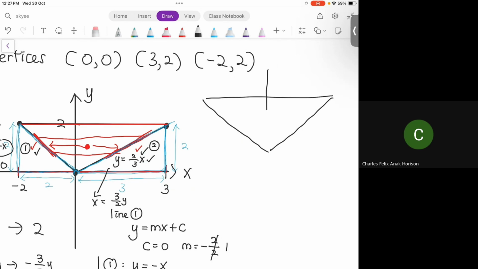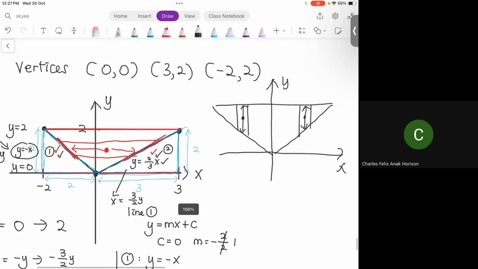This is your axis y, axis x is here. You have to split the region into two, because you will see different lines at different sections.